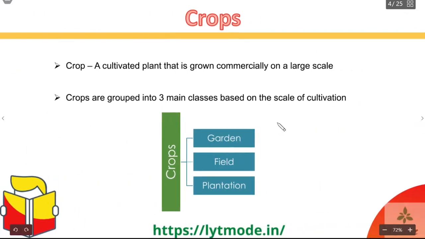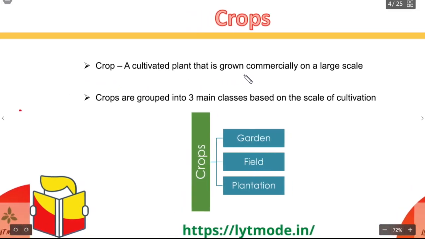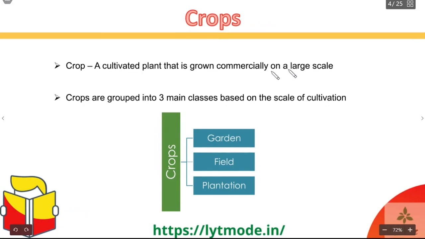Okay, so crops are basically the plants which are cultivated and grown commercially on a large scale. So you can have many kinds of plants, but if a plant is cultivated and grown commercially, and that too on a large scale, then that kind of plant is known as a crop. So that's the definition of a crop.